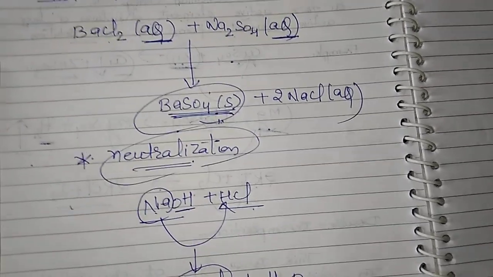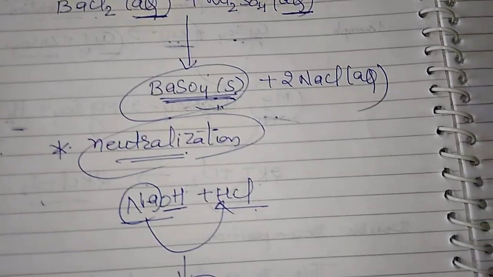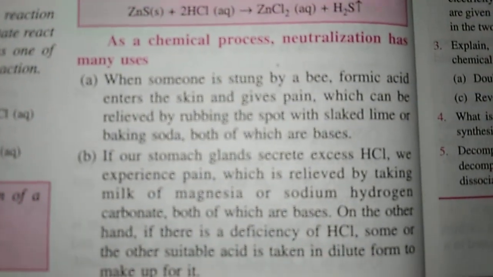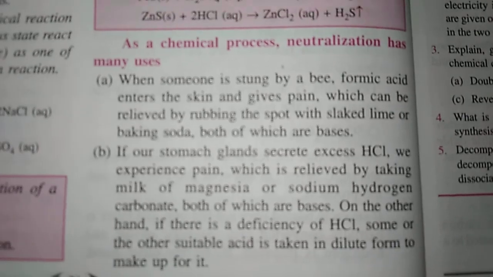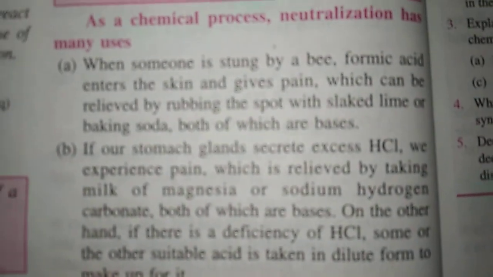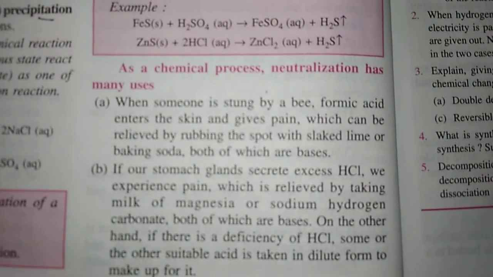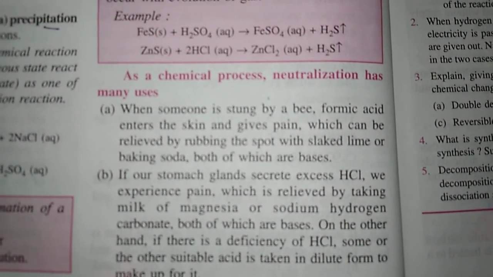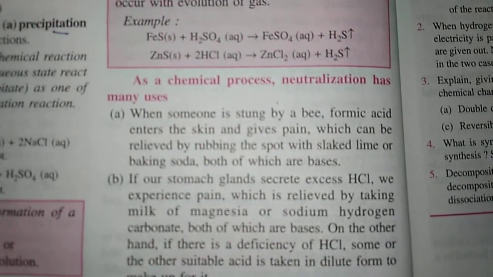And one more important thing: the importance of neutralization is given in your book. You can see here, as a chemical process, neutralization has many uses. First, when someone is stung by a bee, formic acid enters the skin and gives pain, which can be relieved by rubbing the spot with slaked lime or baking soda, both of which are bases.